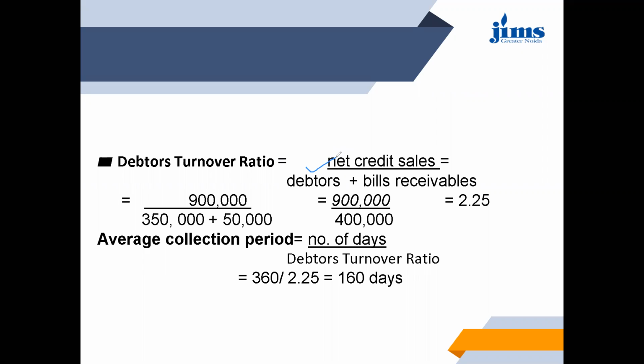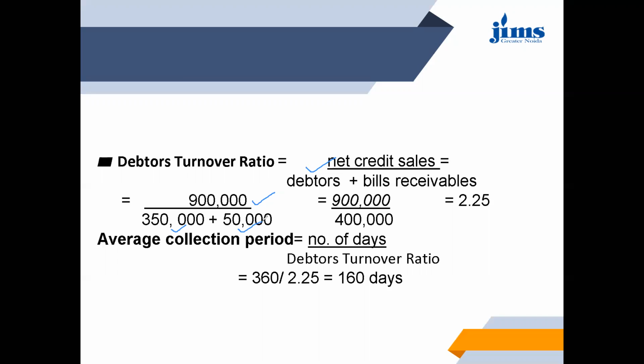So out of 15 lakh, 60% we can calculate, that is 9 lakh is the credit sale. Then debtors is given as 3,50,000 and bills receivable is given as 50,000. Now here the average of opening and closing balance of debtors and bills receivable is not given. So we cannot take the average.